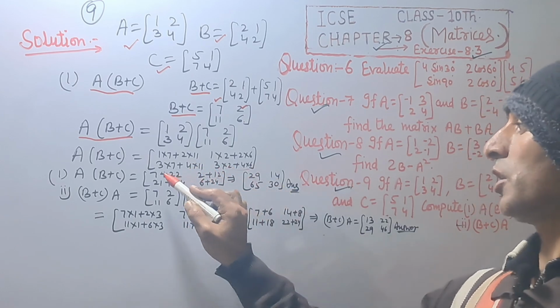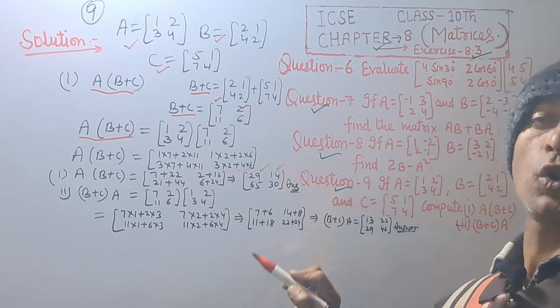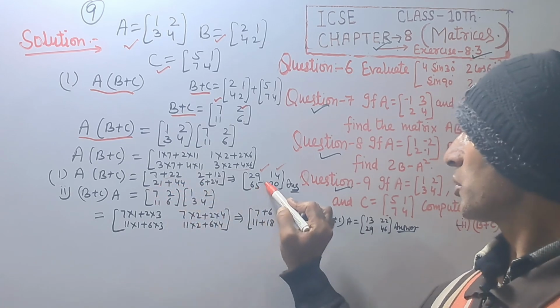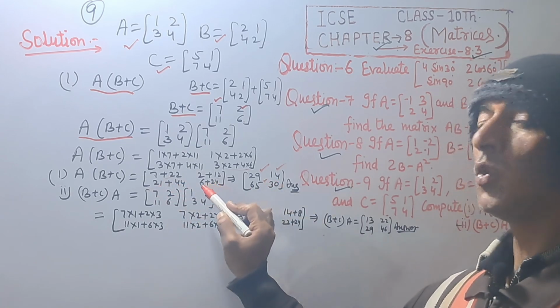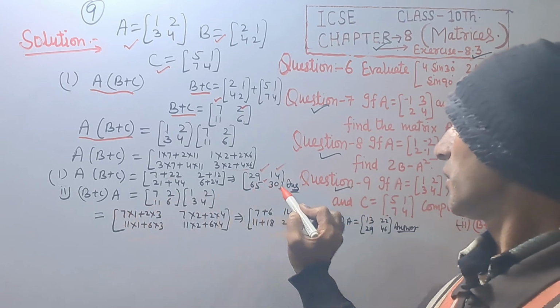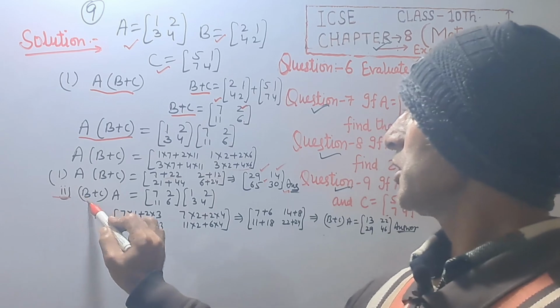That is 22 plus 7 is equal to 29. 12 plus 2 is equal to 14. 44 plus 21 equal to 65. 24 plus 6 equal to 30. First part. And second part is B plus C into A.